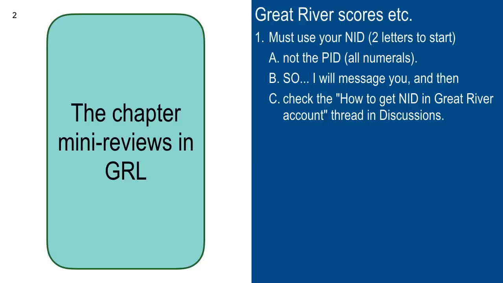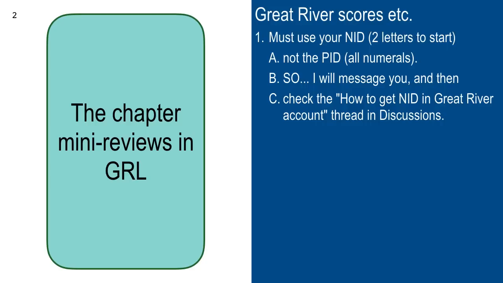By the way, the mini review score in Great River is not a whole number of points. It's a number between 0 and 100, to represent a percentage. Now, I never put points in WebCourses like that, so I'm going to convert that into some fraction of 14.